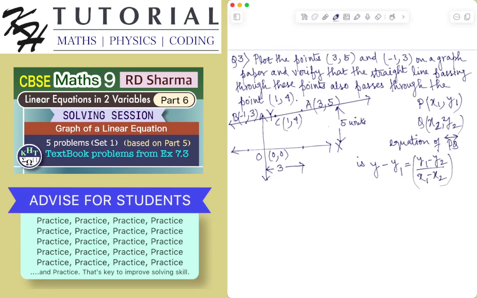This whole multiplied by x minus the abscissa of the point P, that is x1.